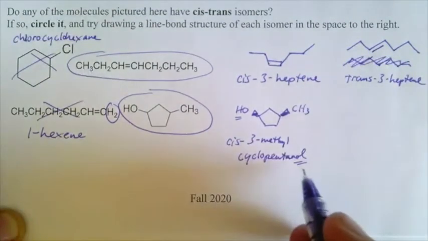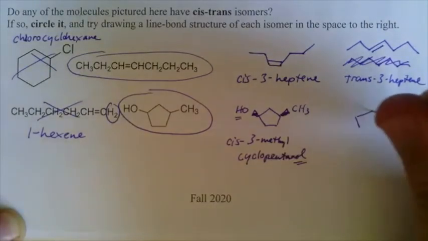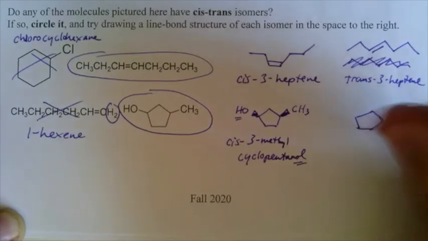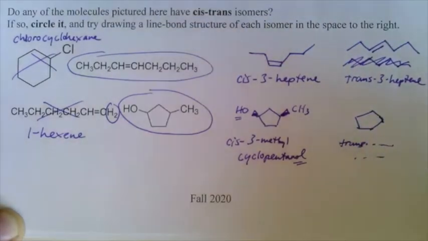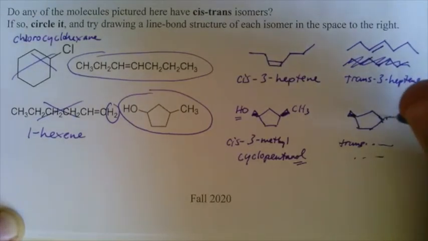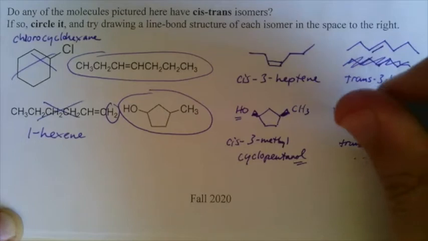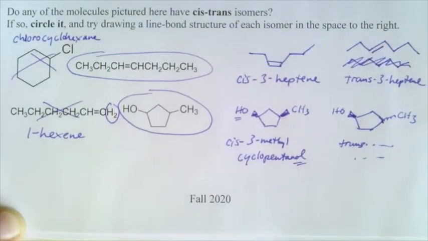You are not responsible for being able to do that, but it's kind of neat to see. On the other hand, if I want to draw the trans version of all that, then I just simply need to pick one of these and keep it as a wedge and put the other one back into the board. And that would be the trans version of 3-methyl cyclopentanol.